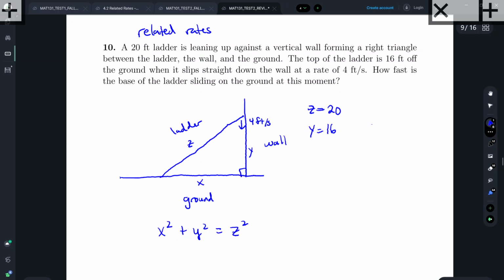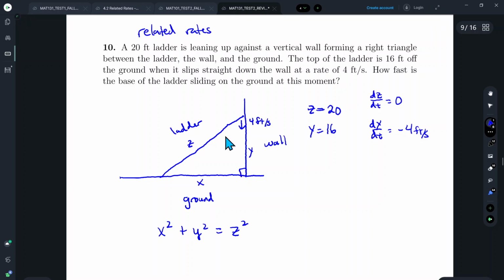So that means that dy/dt is equal to negative 4 feet per second. Okay, so what else do we know? Well, the ladder doesn't change, so that means that dz/dt has to be equal to 0, right? Because there's no rate of change.